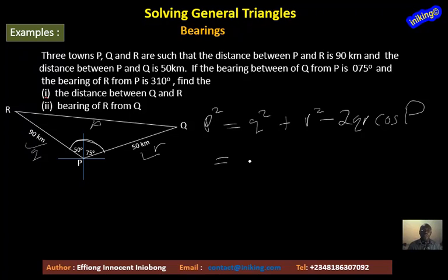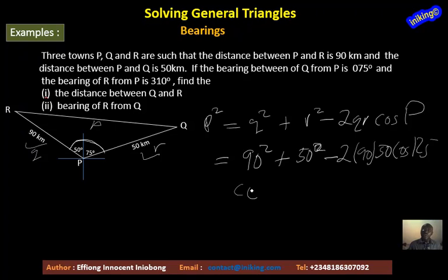If I substitute, Q is 90, so that will be 90 square plus 50 square, minus 2 times 90 times 50, and the cos of 125.